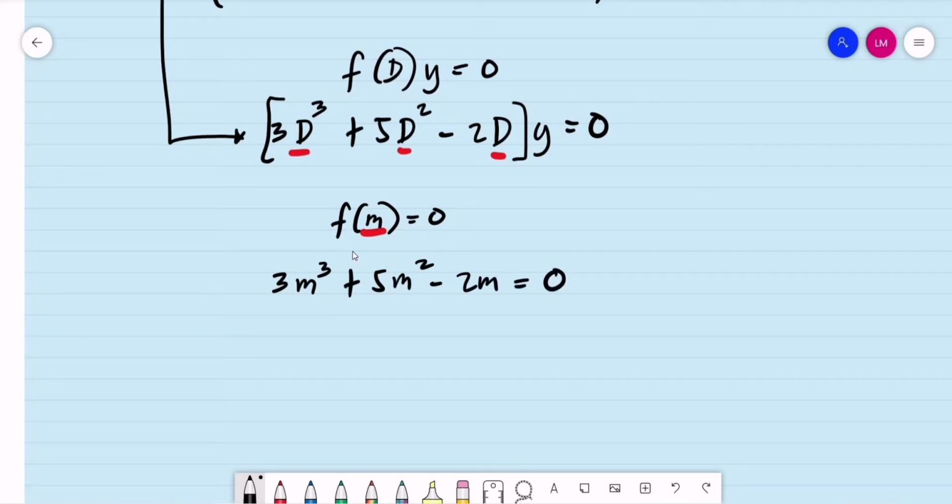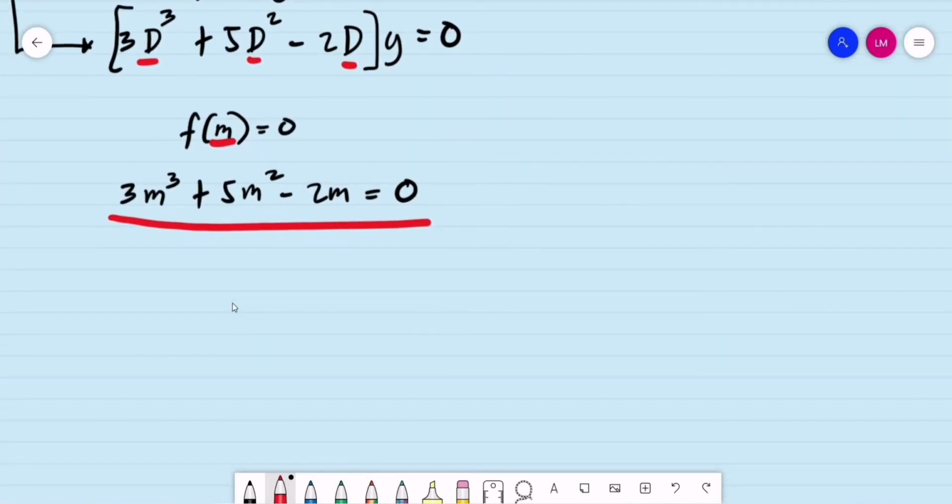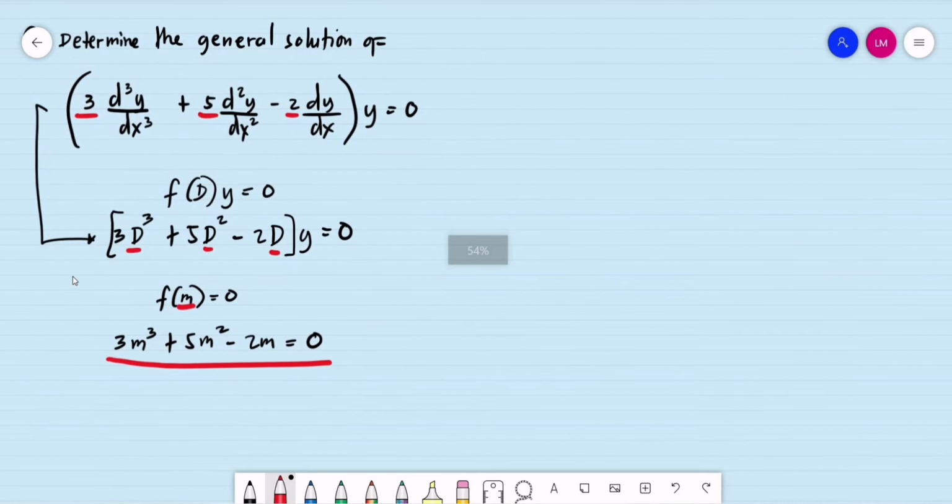So we replace all D with m. So this will be our auxiliary equation. So let us determine the roots. Hopefully they are real and distinct, since this auxiliary equation is applicable for distinct roots.